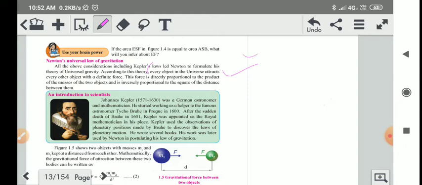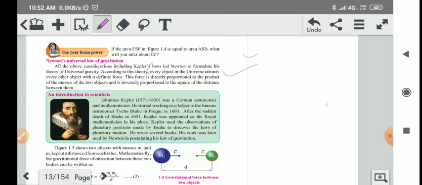Till now in this chapter we studied that the earth attracts every object on the earth surface, or at a height from the earth surface, and that attraction force we called the gravitational force. But gravitational force or gravity is attraction between every object, any object by a definite force is gravitation.